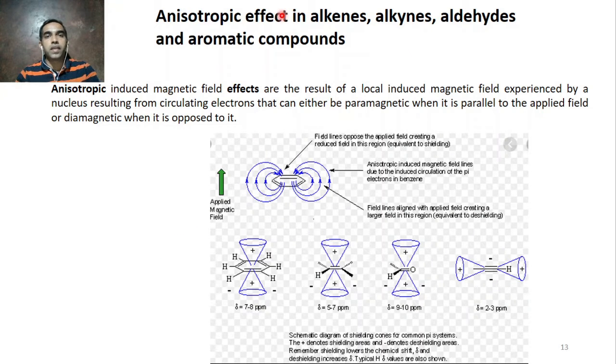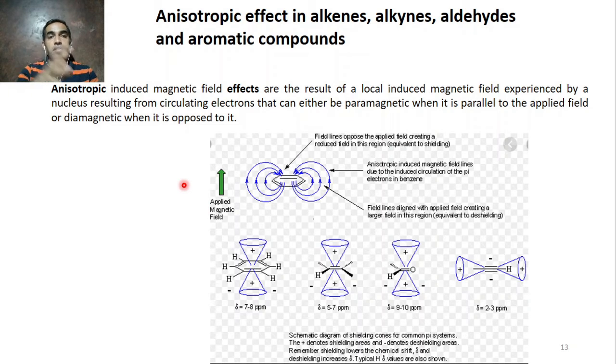Now we'll come to anisotropic effect in alkenes, alkynes, aldehydes and aromatic compounds. And because of anisotropic effect, remember, alkenes show more downfield, followed by alkynes, then alkanes. Okay, now if you consider this benzene ring, how anisotropic effect works.